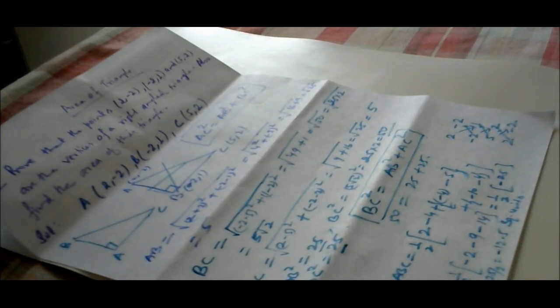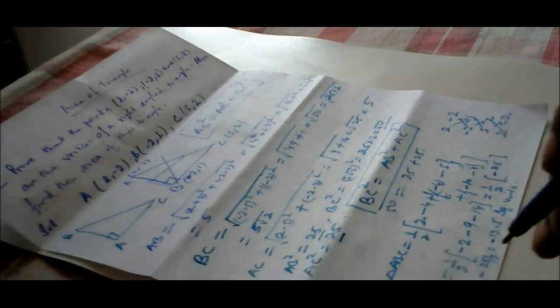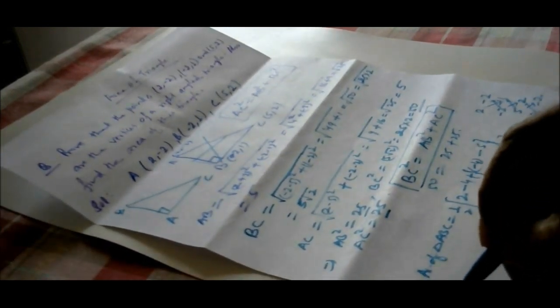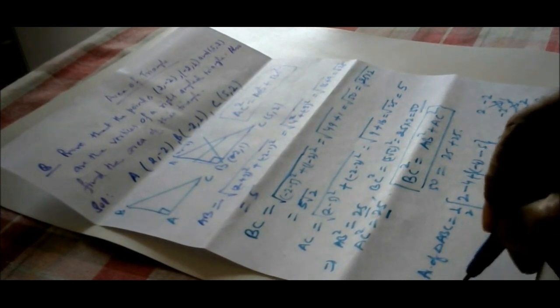But area of triangle, as it is showing negative, it means that area of triangle will always be positive. Area of triangle will be 12.5 only, so it is 12.5 square unit.